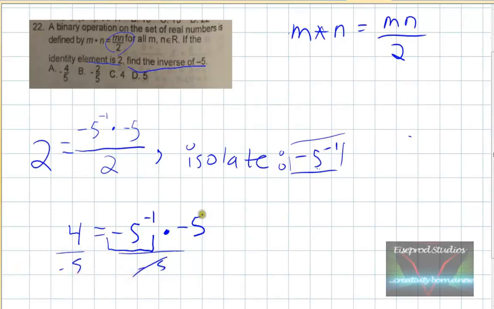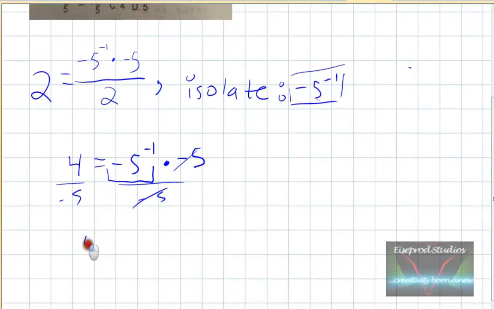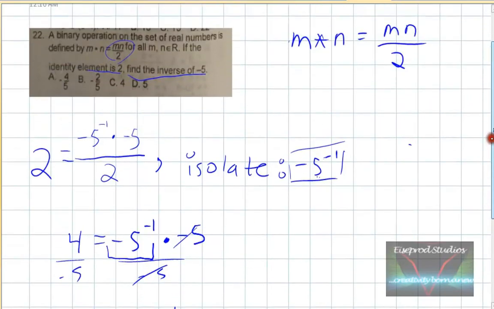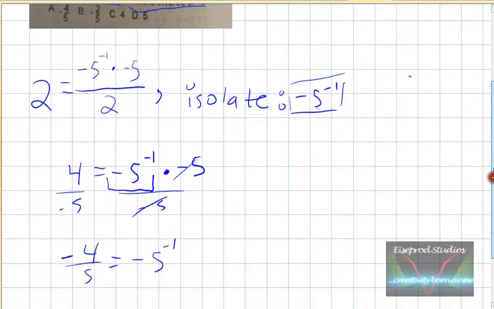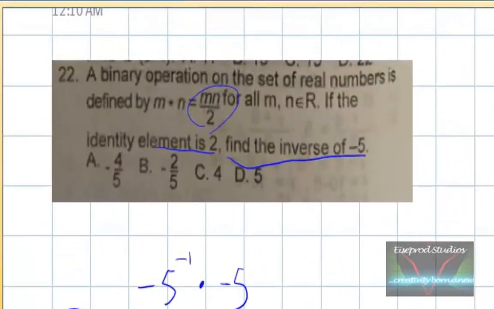That way it cancels over here. And now I'm left with 4 over 5, and it's negative. So negative 4/5 is equal to negative 5 inverse. And so basically that's our answer. They wanted to find the inverse of negative 5 when the identity element was 2. So our answer is negative 4/5.